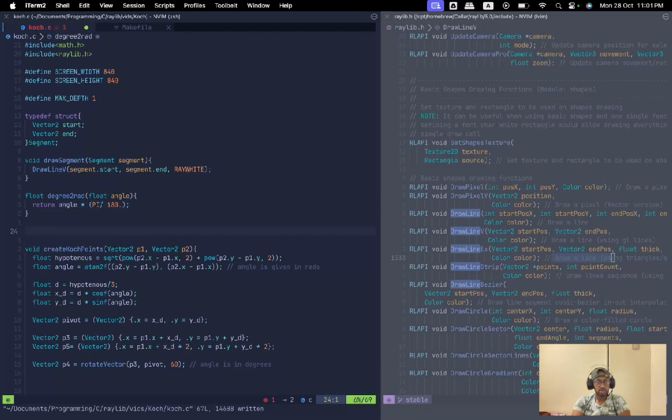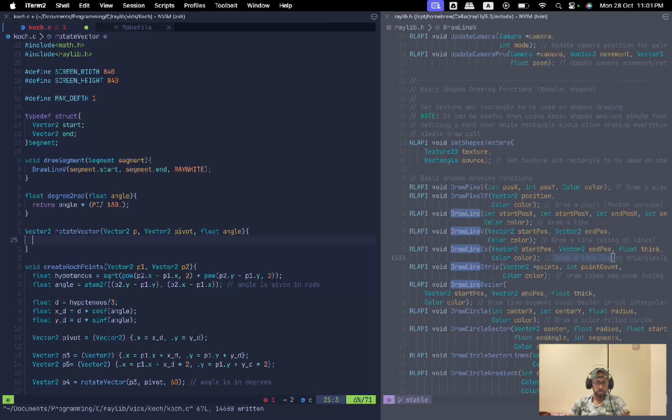Now let me create a function that will return a vector, and let's call it rotate vector. It takes vector2 p, vector2 pivot, and float angle.